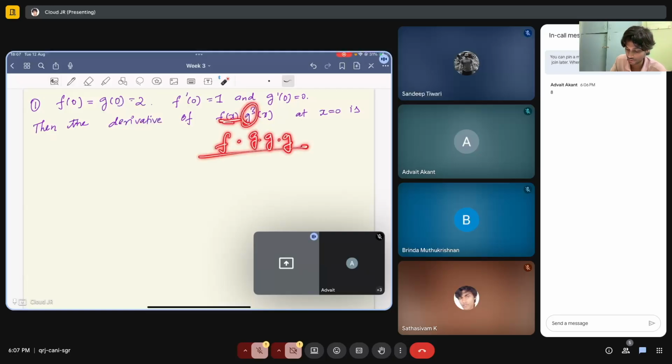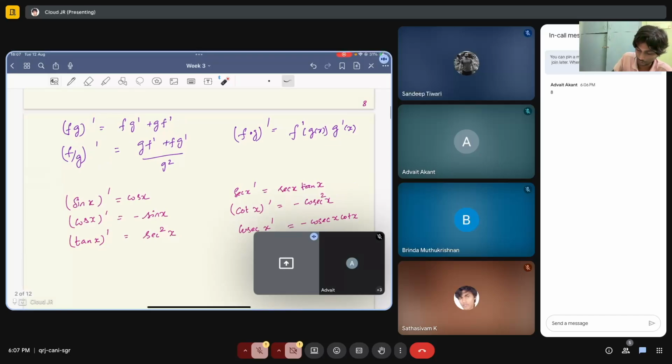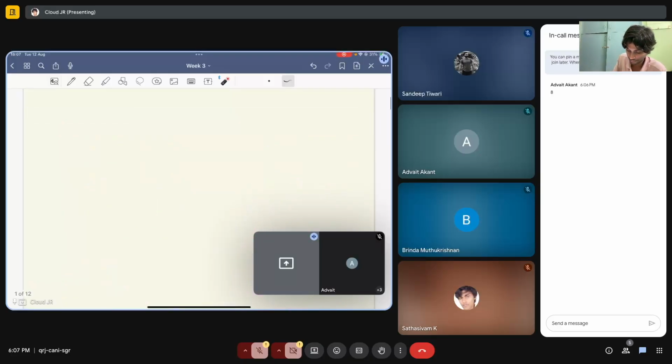When you have a product of functions, you use the product rule, which says that if you have two functions f and g, then (fg) prime is f prime g plus f g prime. So you take one at a time and then multiply, and then add. We are just going to apply that rule.